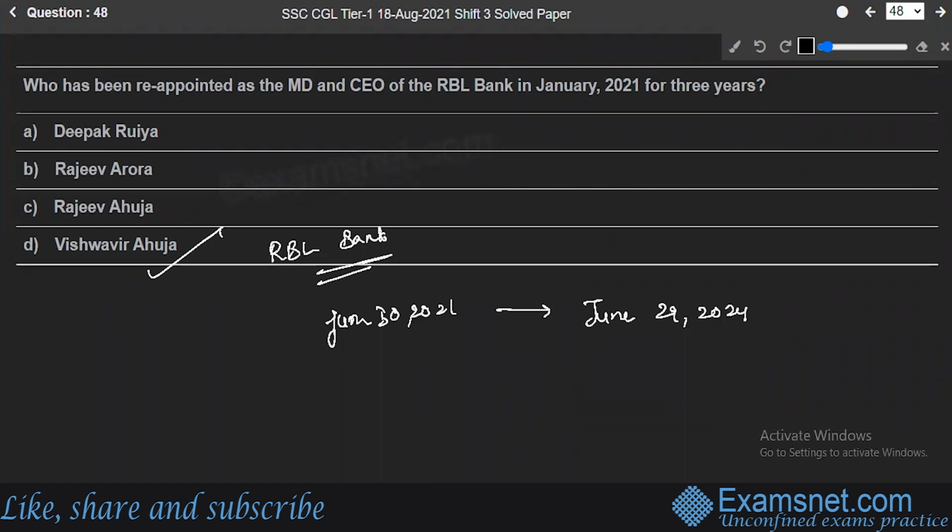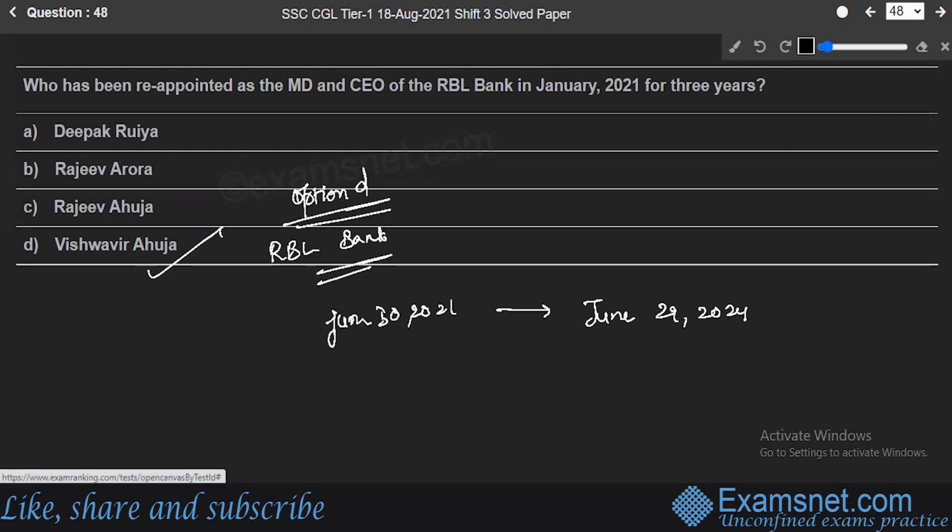He has been serving as the MD and CEO of Mumbai-based RBL Bank since June 30, 2010. Prior to this, he was the MD and CEO of Bank of America, India from 2001 to 2009. So our answer is option D.